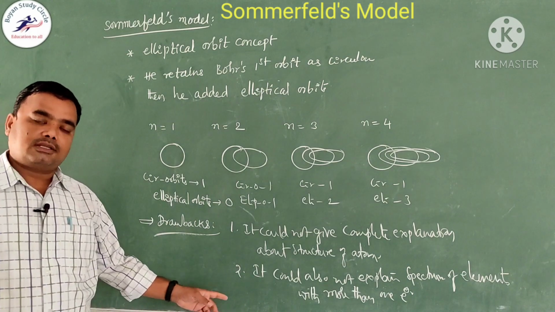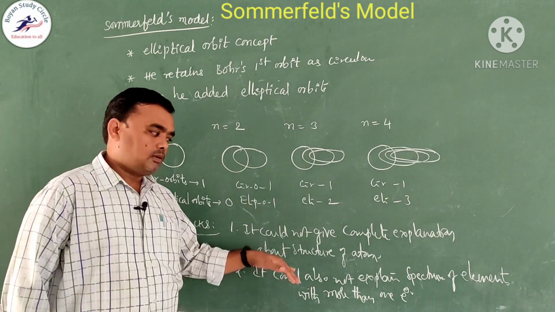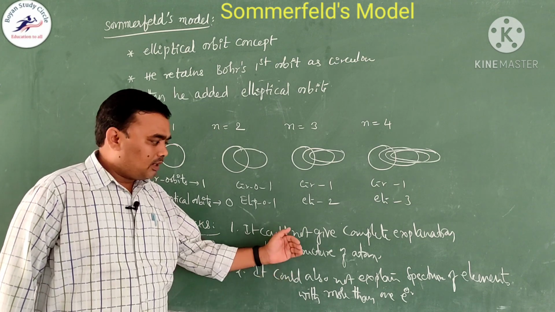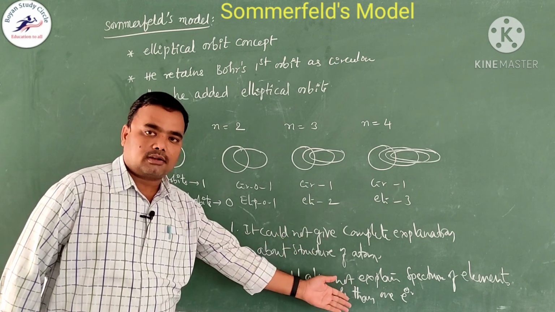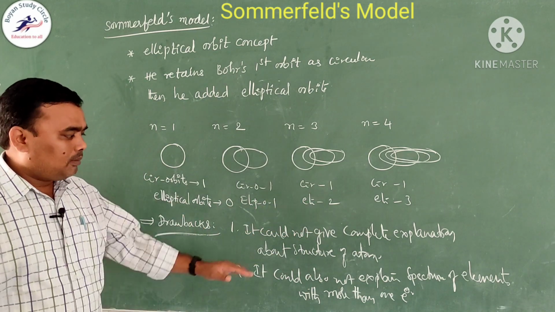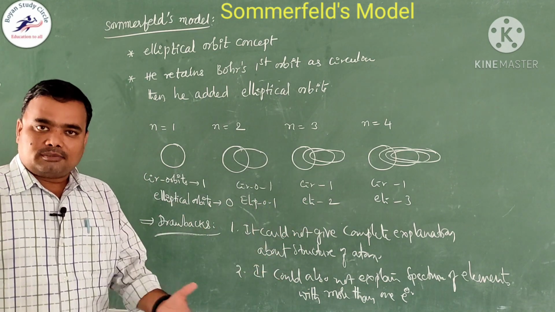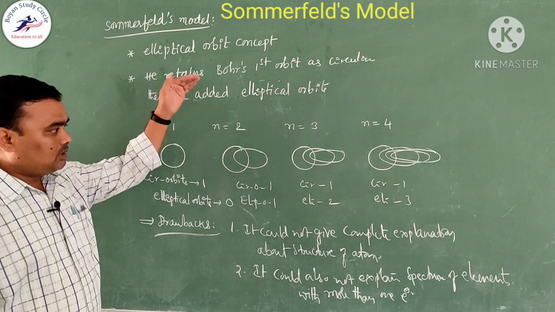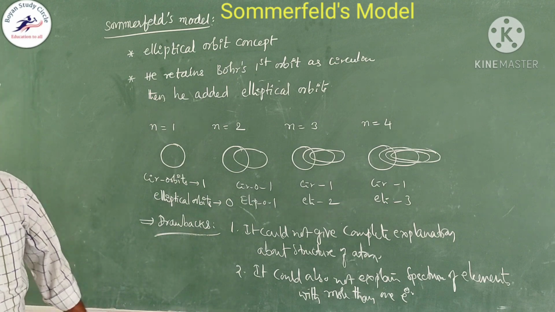This drawback was also already there in Bohr's model. Here also he could not explain the spectrum of atoms with more than one electron. That means, this model can explain the simple spectrum of hydrogen, but it cannot explain atoms having more than one electron. So, this is about Sommerfeld's model.